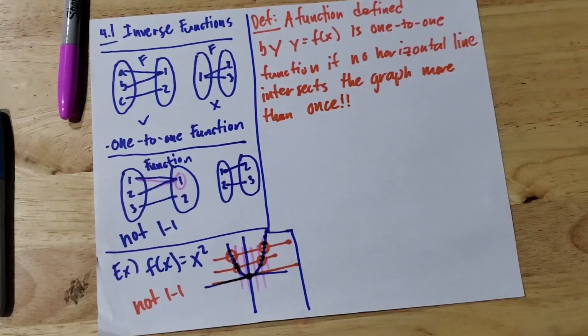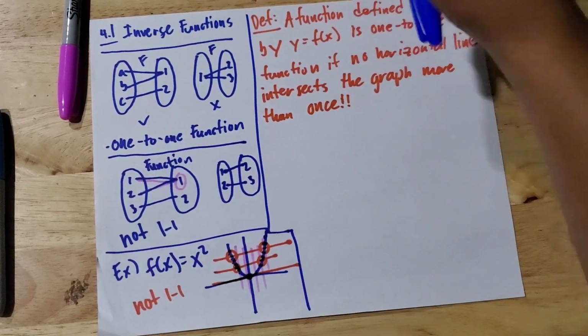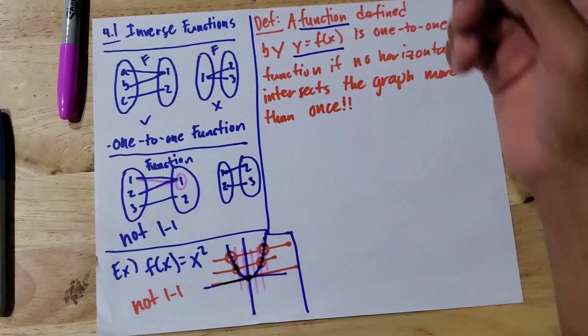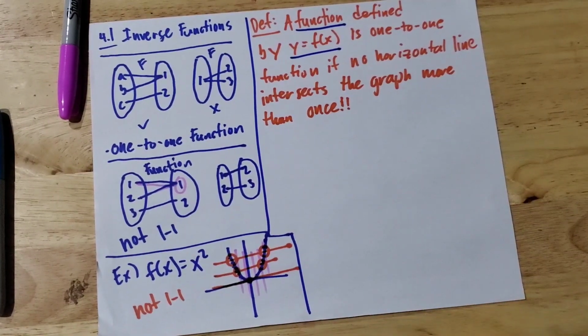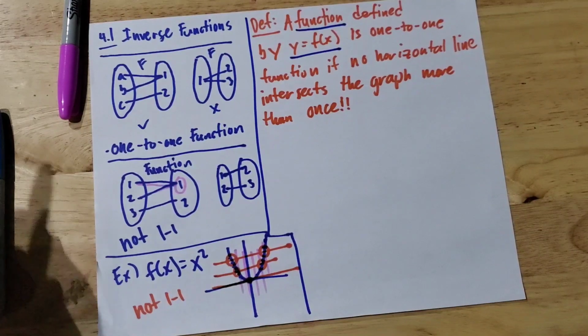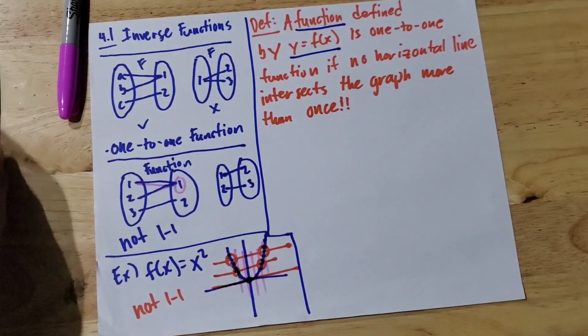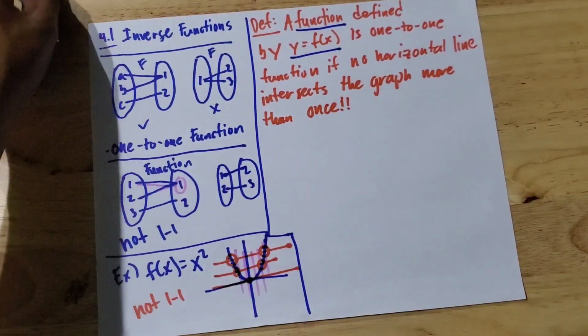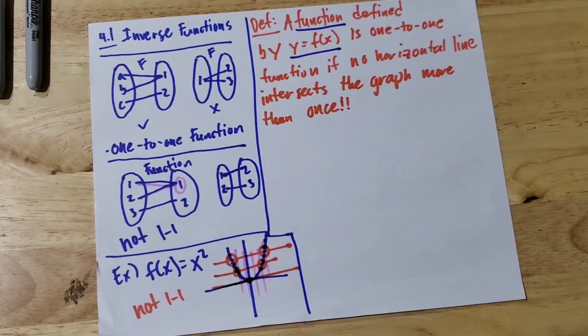But something else to note here is that we are already assuming that we're dealing with a function. So when you're looking at a graph, you don't start with the horizontal line test, because the horizontal line test only checks if functions are one-to-one. You first need to know if the equation is even a function to begin with before you do the horizontal line test.